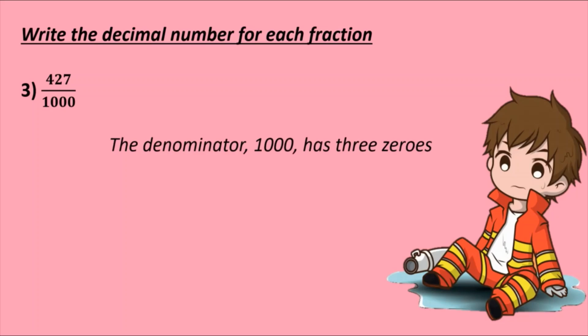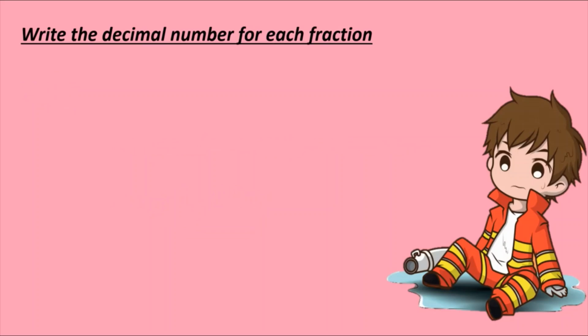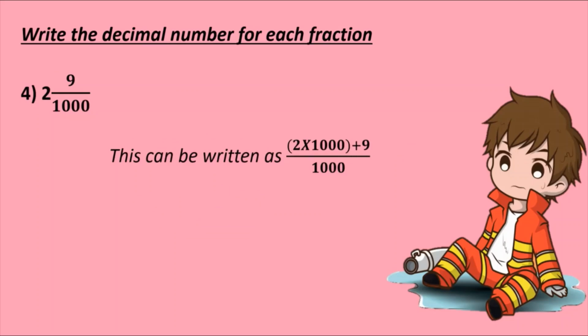427 by 1000. So the denominator is again 1000, which has 3 zeros. So the decimal notation will be 0.427. Now 2 9 by 1000. So here 2 is the whole number and it is in the form of a mixed fraction.